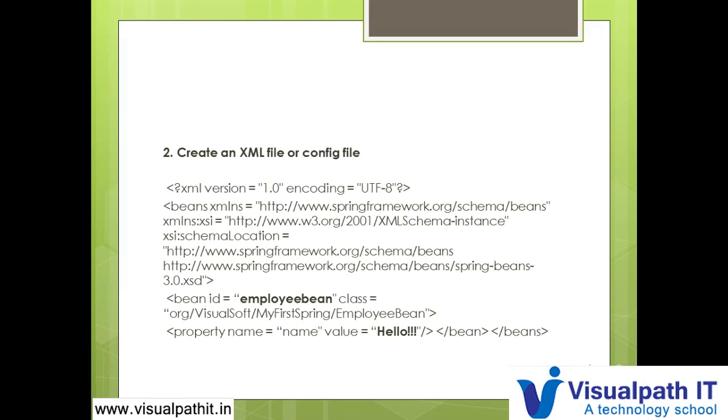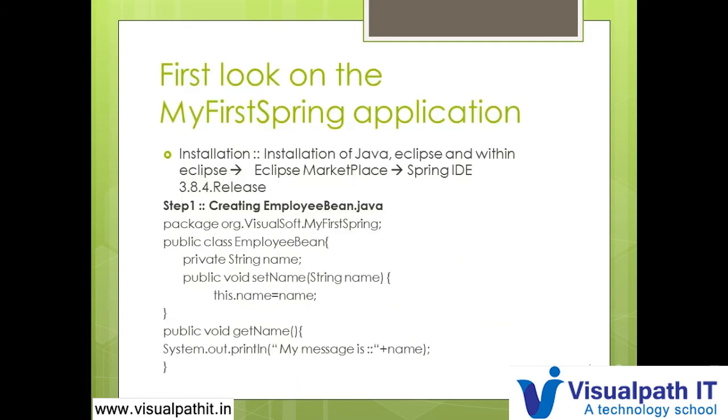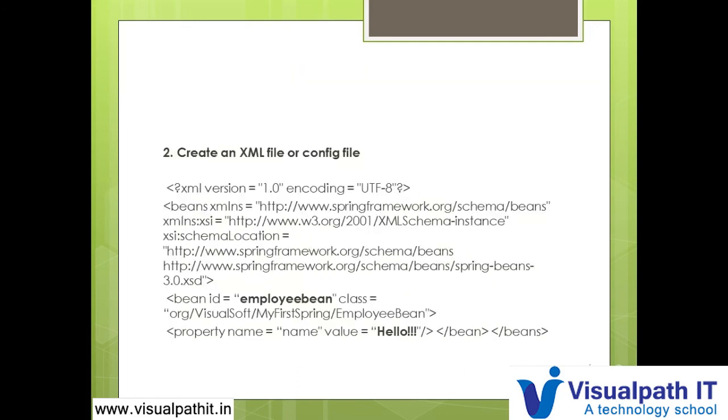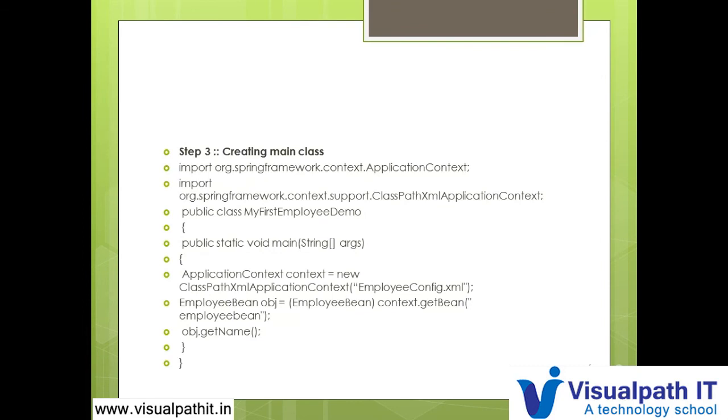The property name is also equally important, because the value we provide here is what gets printed. The property name is equal to name, and the value is equal to hello, that is what is printed in the name here. So that is equally important.